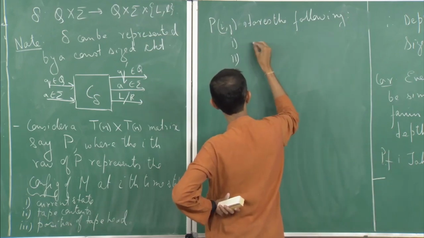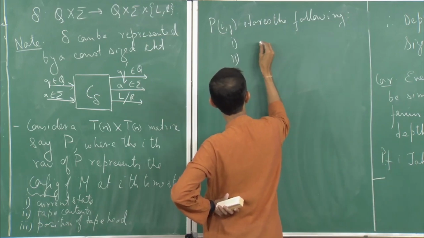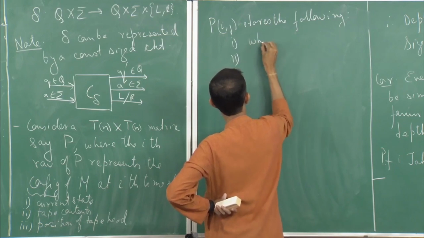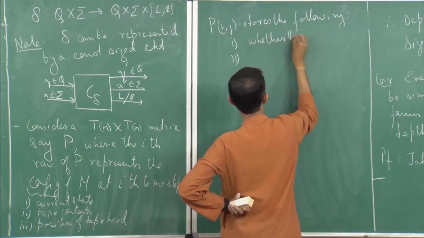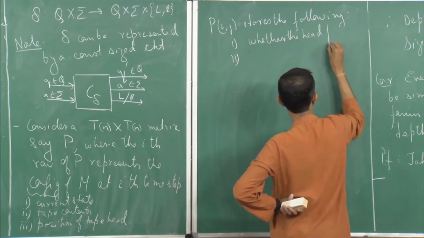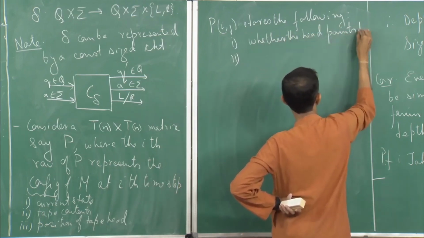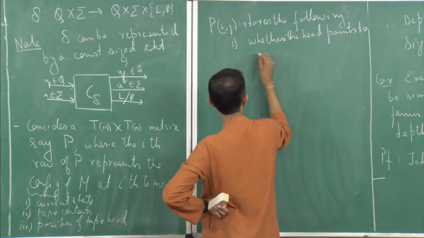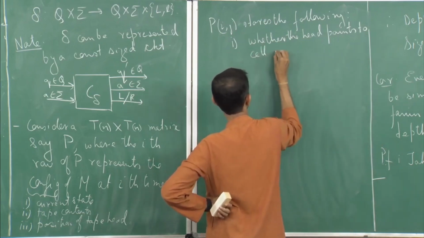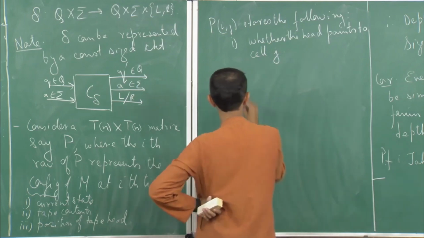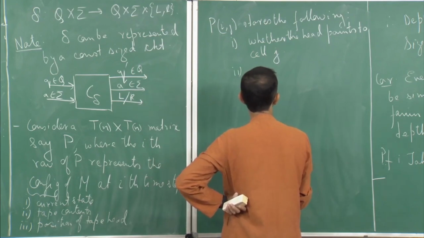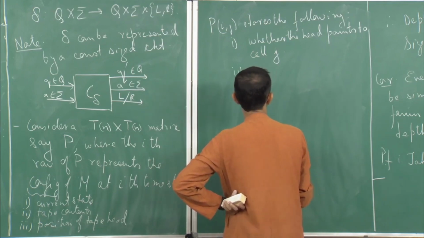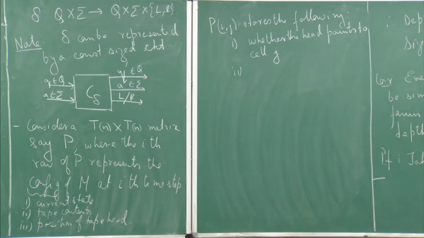So, the first one will be whether the head points to cell J, so this I can call as, what do I have it as, head present bit.